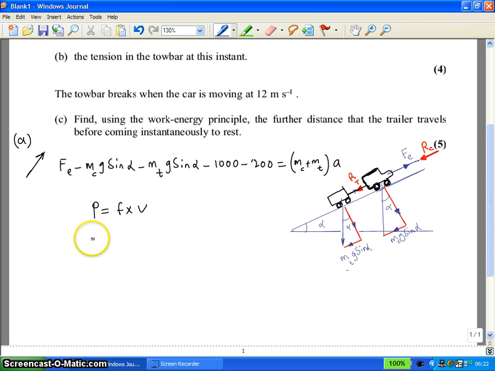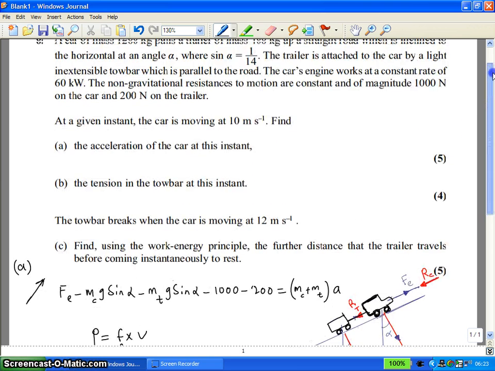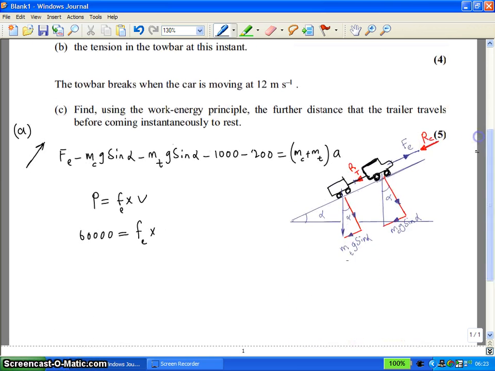So power is 60 kilowatts, that's 60,000 watts, which is equal to the force of the engine times the velocity, and we've been told that the velocity is 10 meters per second. So we can work out the force of the engine, which is 60,000 divided by 10. It's going to give us 6,000 Newtons.